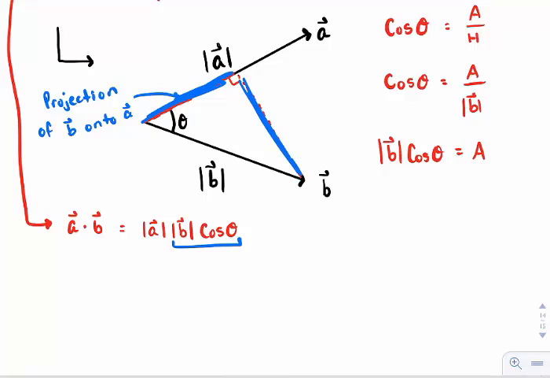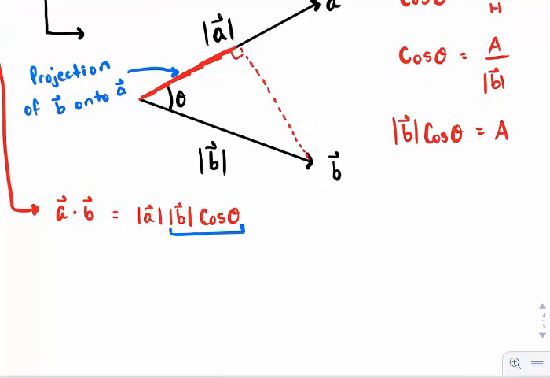I'll say that again. It is the component of vector b, because I have those two components drawn that you would use to draw vector b. It is the component that is facing the exact same direction as vector a. So what I'm doing when I'm doing dot product is I'm taking the magnitude of vector a, and I'm multiplying that.